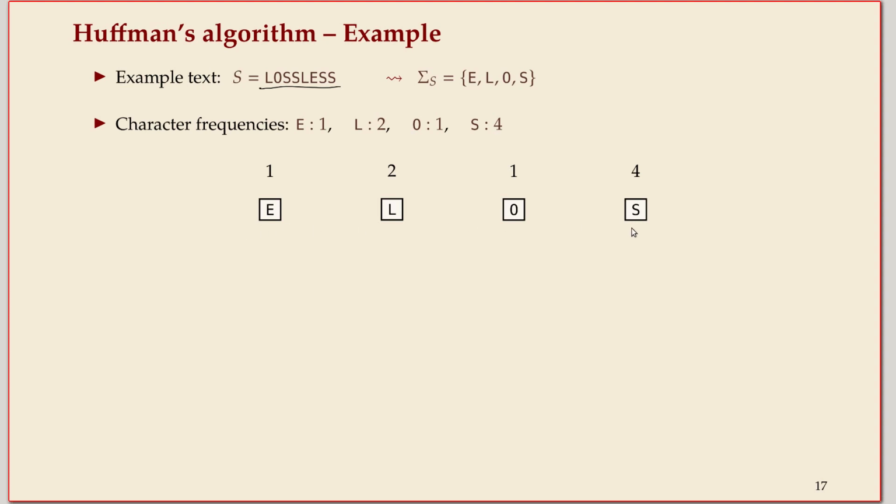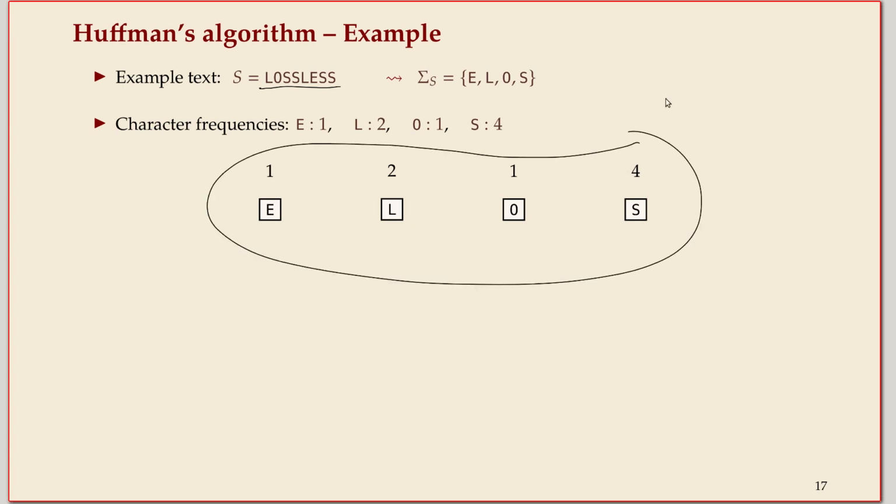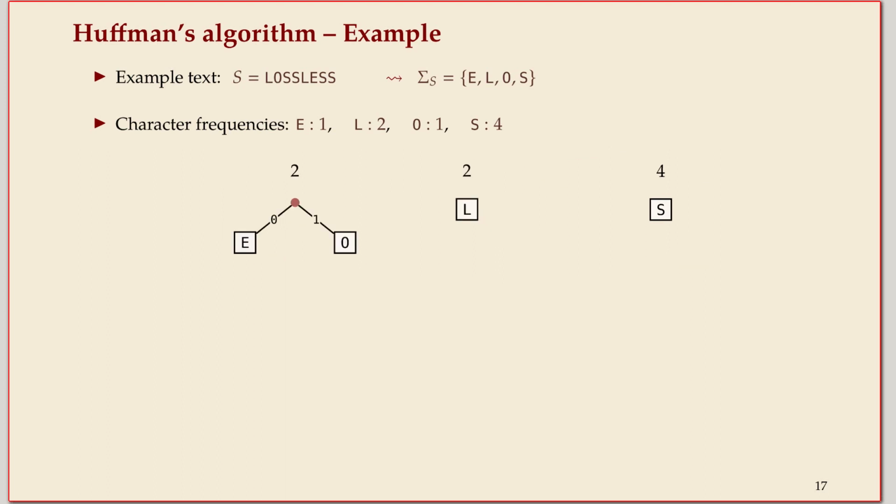Then you write down all your characters with their frequencies on top. So in a sense, this is your priority queue. And now you do two extractions. This one and this one are the characters with minimal frequency. And you combine them. So you form this super character EO and assign it weight 2.